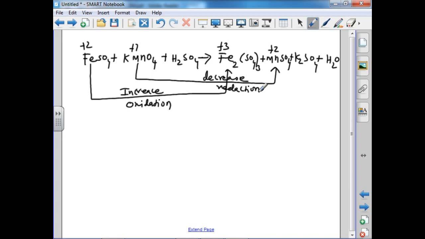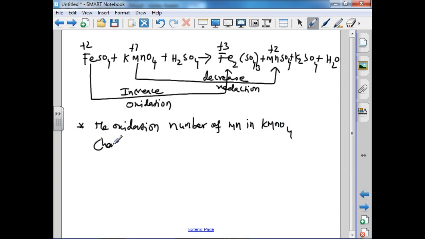From the reaction, the oxidation number of Mn in KMnO4 changes from plus 7 to plus 2 by gaining 5 electrons.